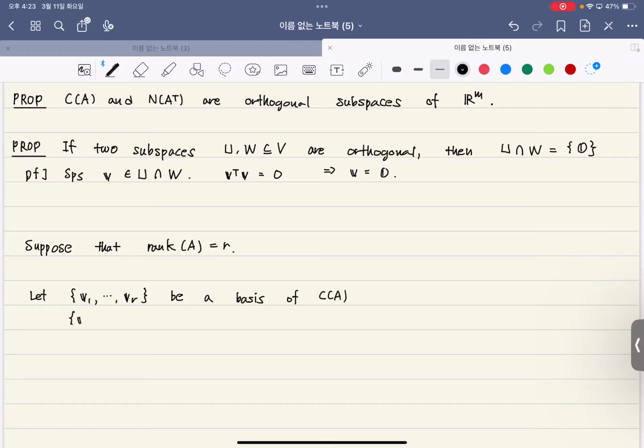Since the rank is R, this is R dimensional, and the left null space must have M minus R dimension.